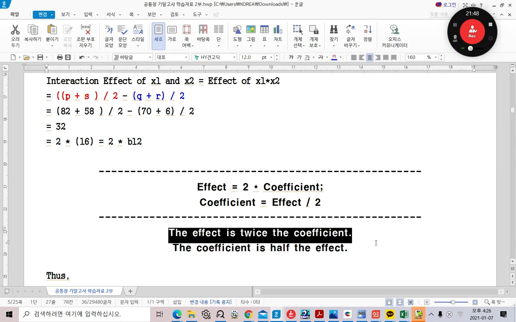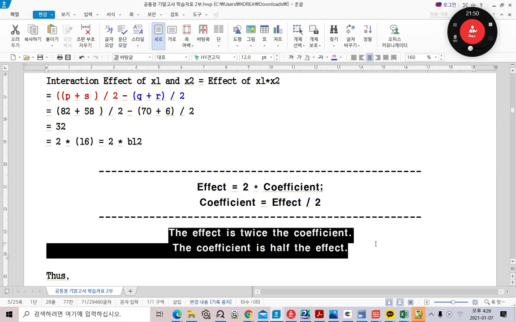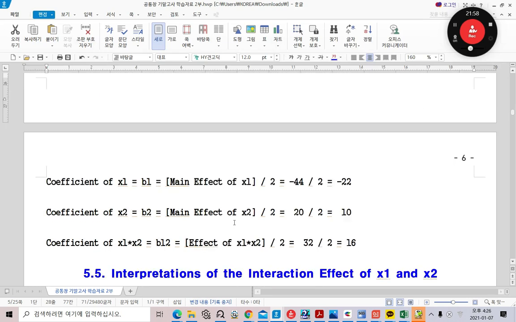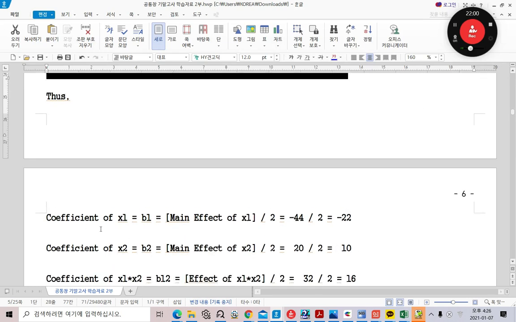This is a statement written in plain English. The effect is twice the coefficient. The coefficient is half the effect. Thus, the coefficient of x1, which is B1, equals the main effect of x1 divided by 2, equal to negative 44 divided by 2, negative 22.